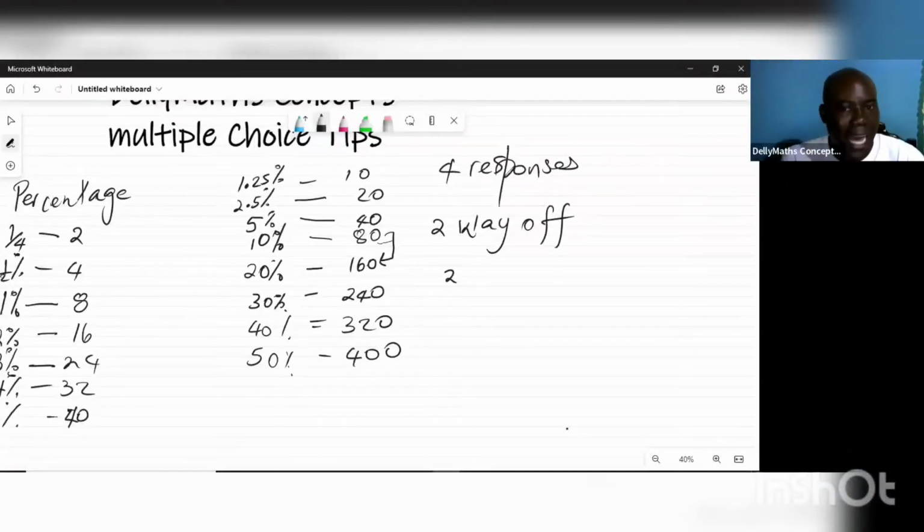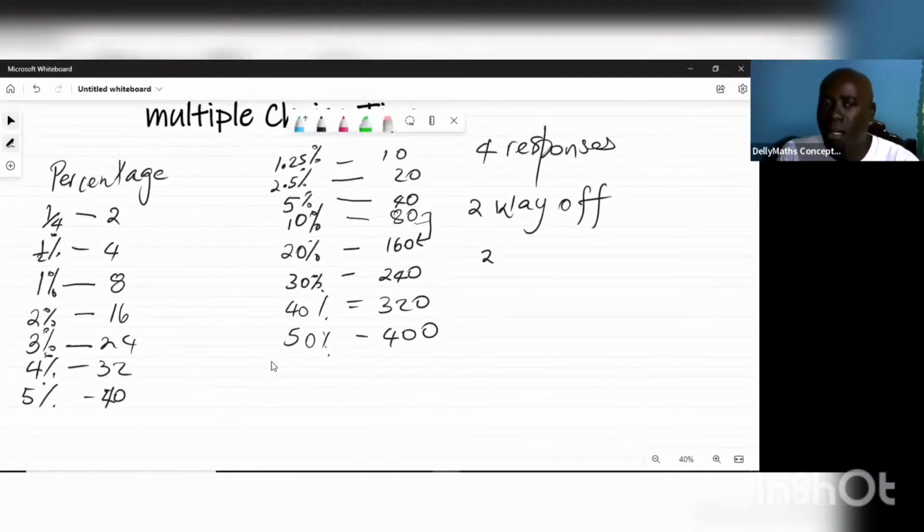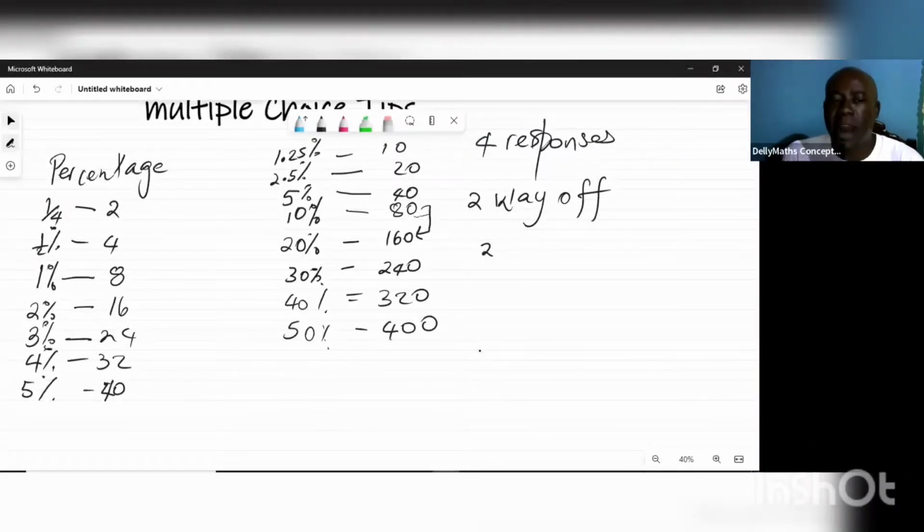And then now you can zoom in on the last 2. And when you look at the last 2, one of them is still off, you can pick the last one. So the thing is, a lot of times you're going to eliminate, which means that you don't necessarily have to work out the answer, because if there are 4 responses and 3 of them are not good, automatically the last one is the answer without working.